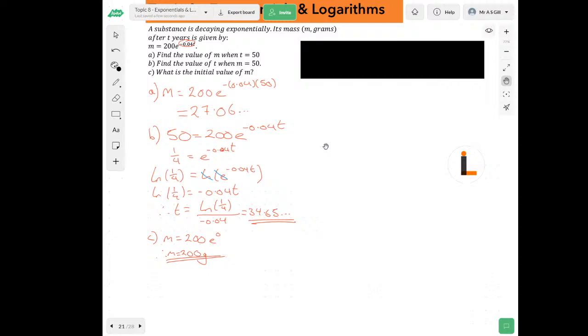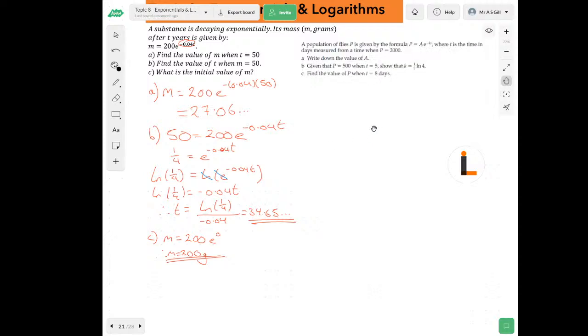So get anything you need to get copied out, and then I'm just going to reveal this question on the right hand side for you to have a go at. I'll give you a few minutes to go through that, and then we will go through the answers together.